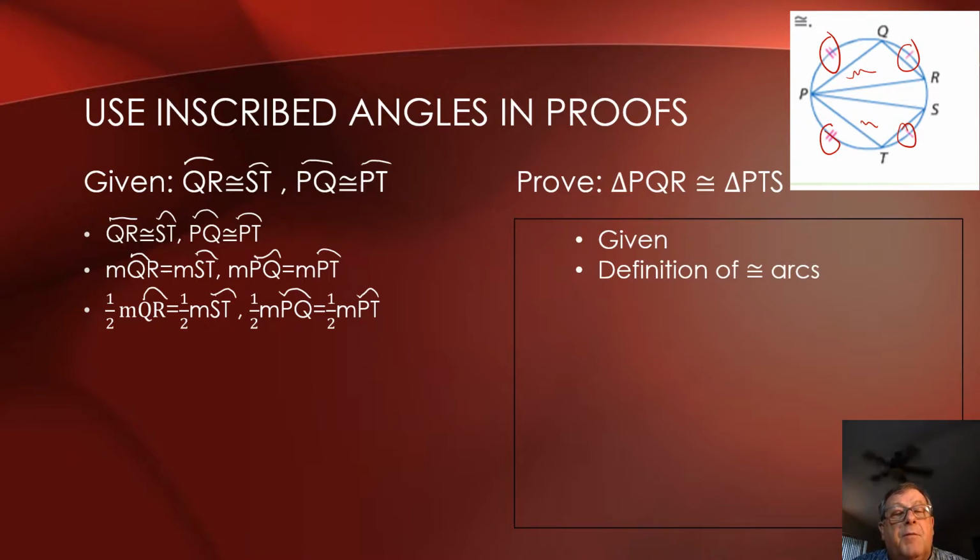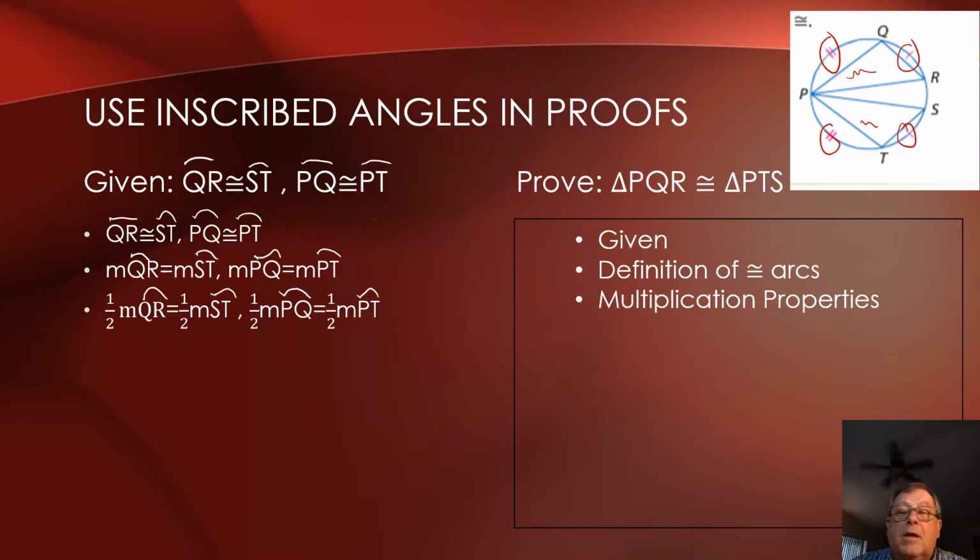Well, let's see, what's our reason here? 1/2 the measure of QR equals 1/2 the measure of ST, and 1/2 the measure of PQ equals 1/2 the measure of PT. And what's our reason for that? Well, that's just the multiplication properties. We're just multiplying every one of those terms of those arcs by 1/2.